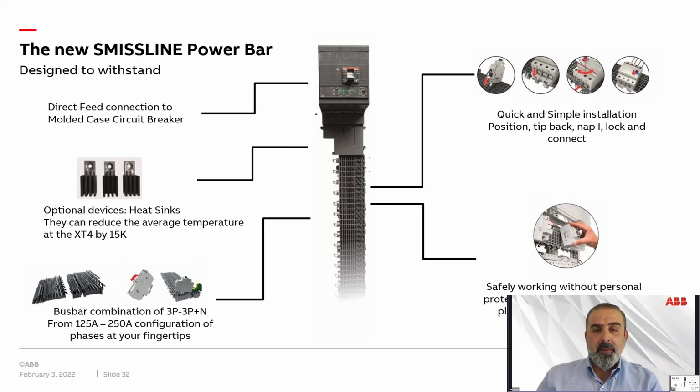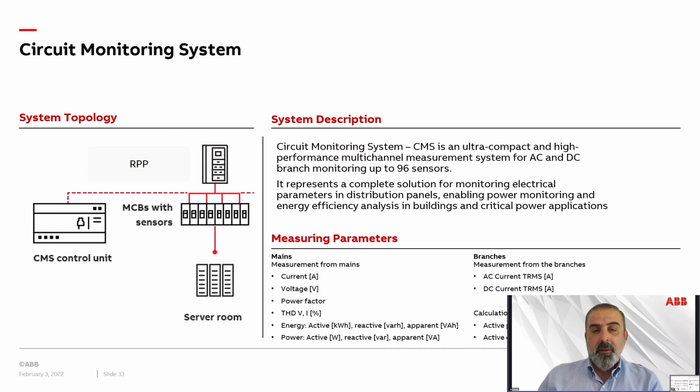These heatsinks are proven to reduce the heat on the connection point by 10 to 15 K, so you'll be achieving a delta T of 10 to 15 K on these critical points. You can imagine such an improvement in the performance of the bus bar and how this can be used to produce a smaller footprint and increase the power density of your RPP.